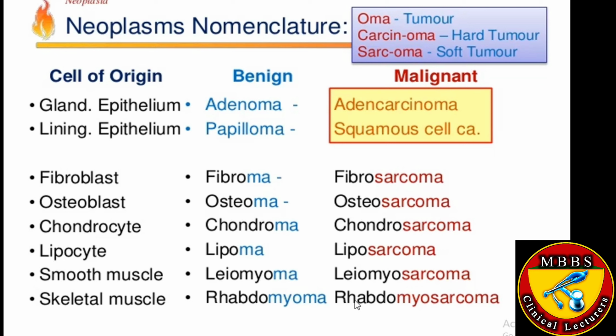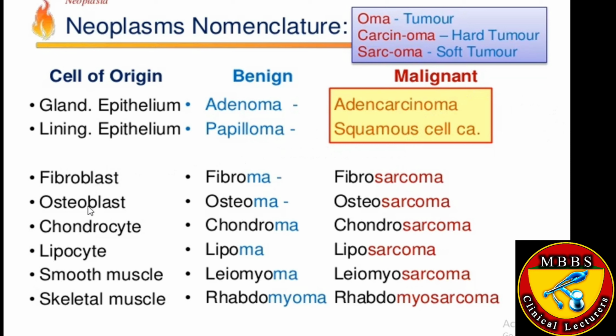That is Robbins. If the cell of origin is a glandular epithelium, then the benign tumor will be known as adenoma, and the malignant counterpart will be known as adenocarcinoma. If it is coming from a lining epithelium, for example squamous epithelium, then the benign tumor will be known as papilloma or squamous papilloma, and the malignant counterpart will be known as squamous cell carcinoma.